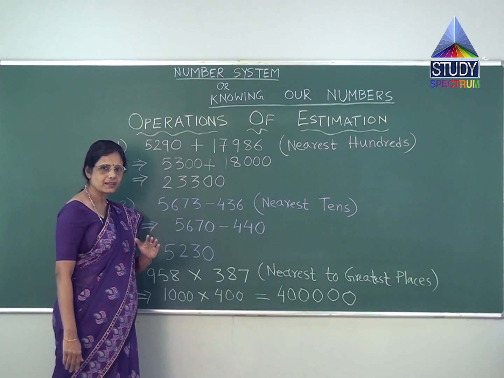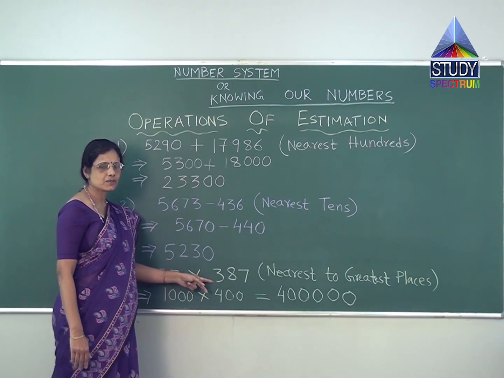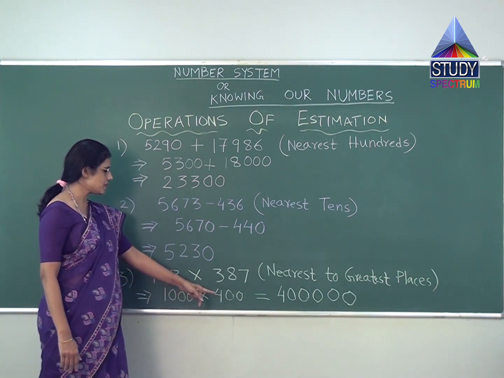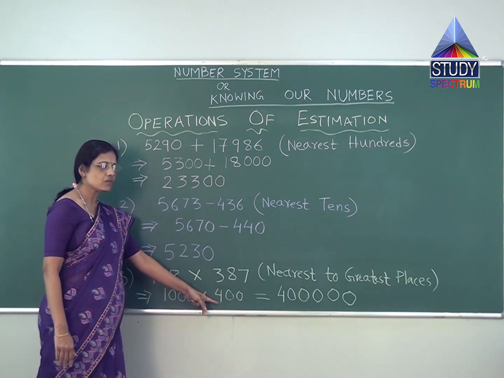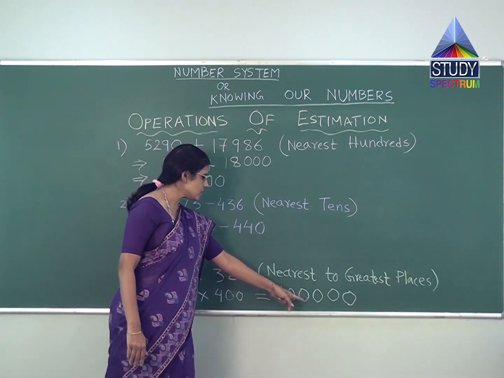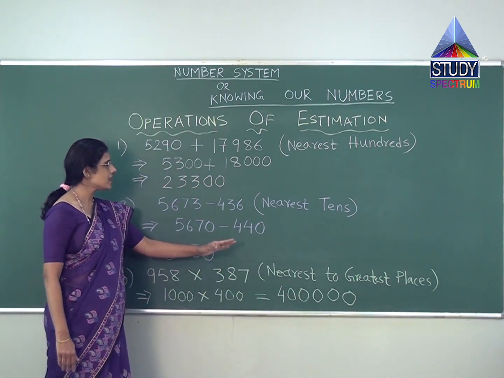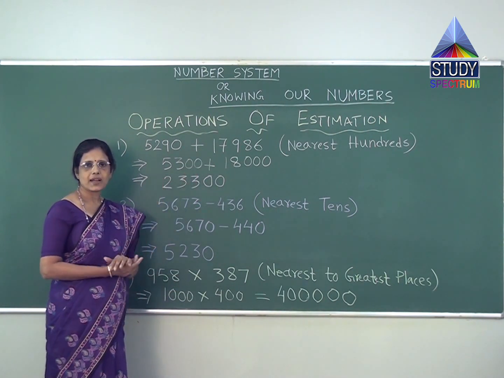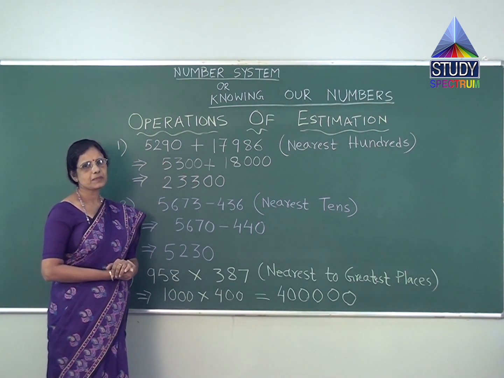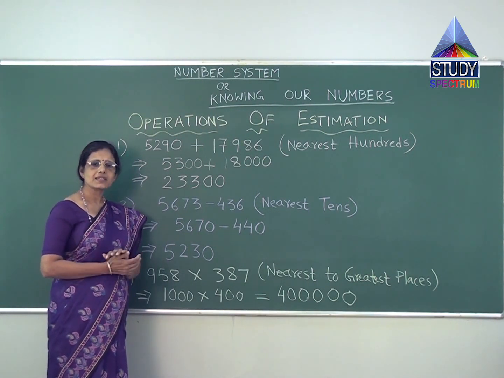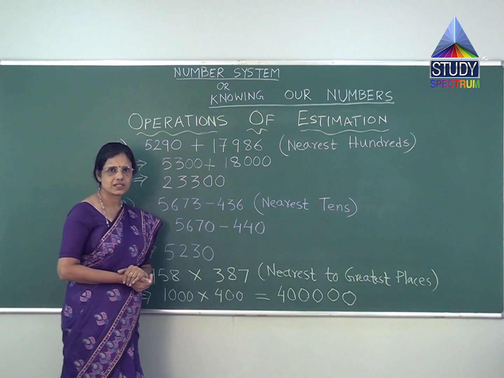So I have to add 1 again with the hundreds position, which gives you 400. After that simply multiply 1000 into 400. What will give you? You will get 4 lakhs number. So this is the way, the estimation, you can do addition, subtraction, multiplication, division, method, property, whatever you say, these are same for all the operations.